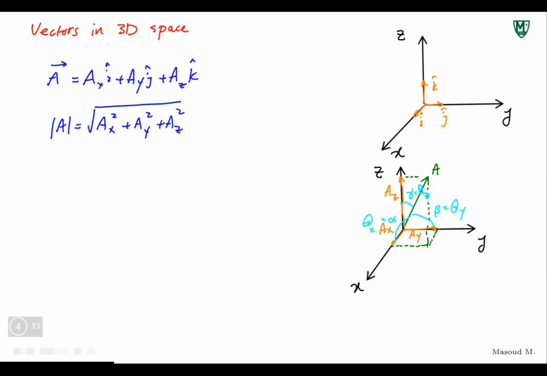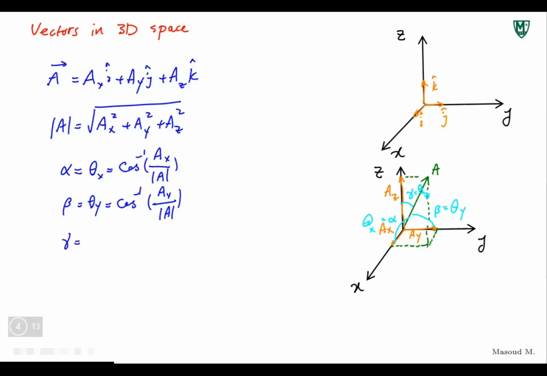Now those angles: alpha, or theta X, would be cosine inverse of the component of the vector along X divided by the magnitude of the vector. Beta, or theta Y, would be cosine inverse of the component, I should put in parentheses, along Y axis divided by the magnitude of the vector.